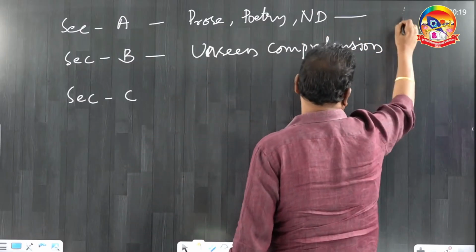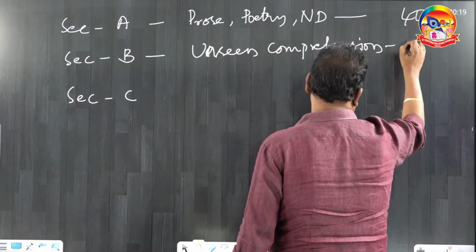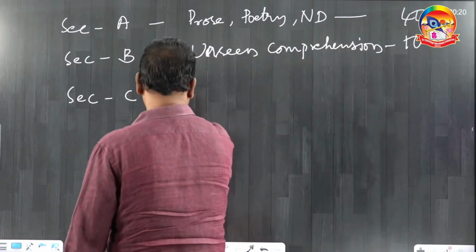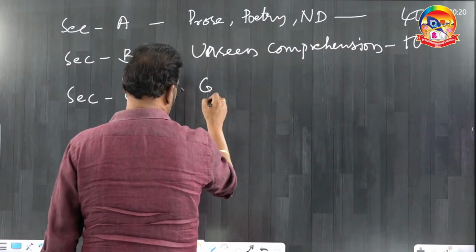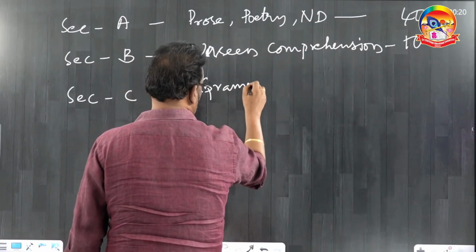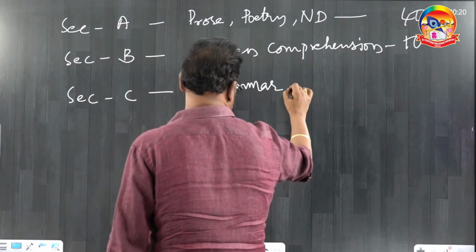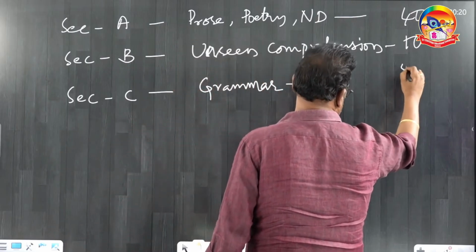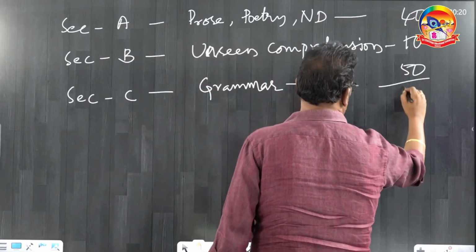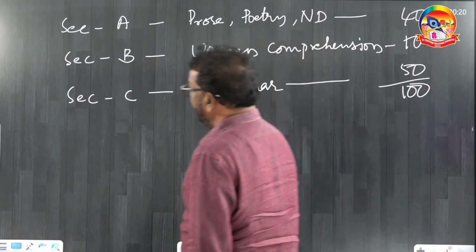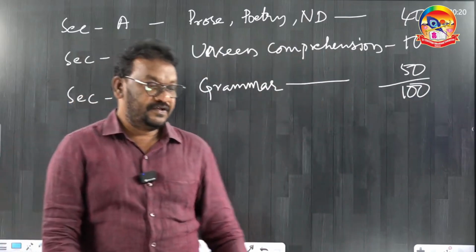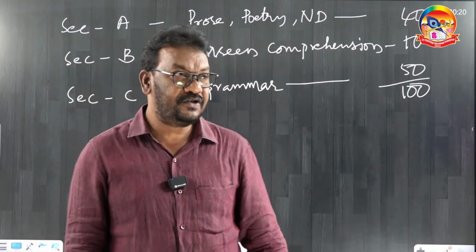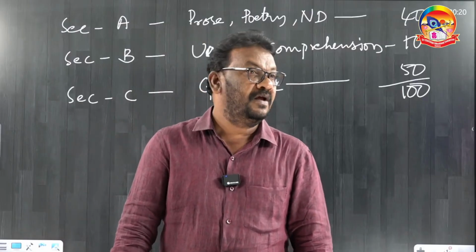Section A carries 40 marks, section B carries 10 marks, and section C deals with grammar and carries 50 marks. Together these 3 sections carry 100 marks, and the duration is 3 hours.